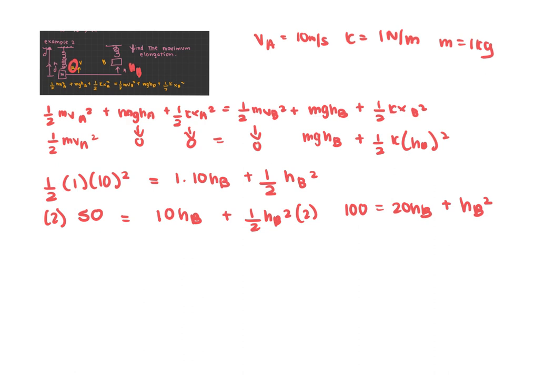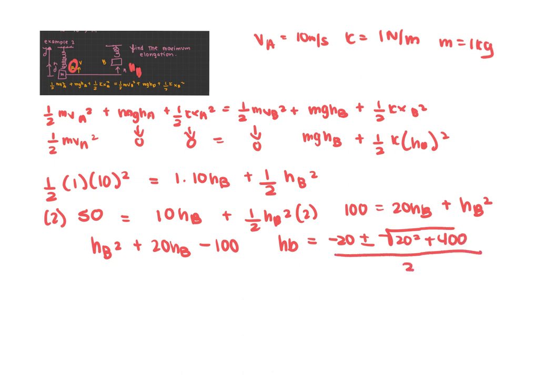Okay, so next what we have to do is basically just simplify it. So what we're going to have here is HB squared plus 20 HB minus 100, and we have to solve for HB, and that's using the quadratic formula. So we have HB equals negative 20 plus or minus the square root of 20 squared minus 4AC, 4AC is 400, after simplifying it over 2.